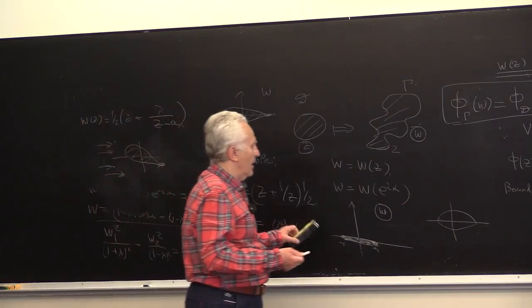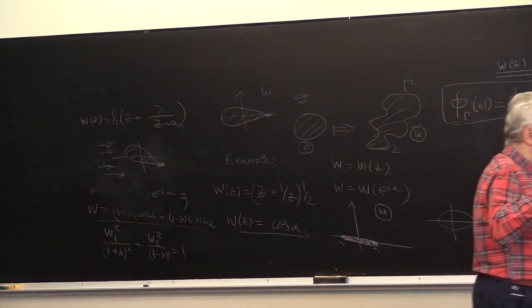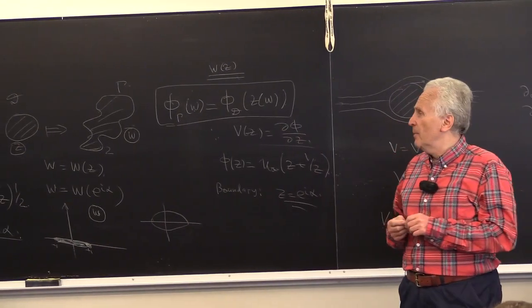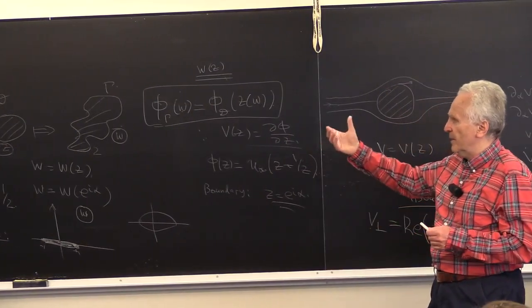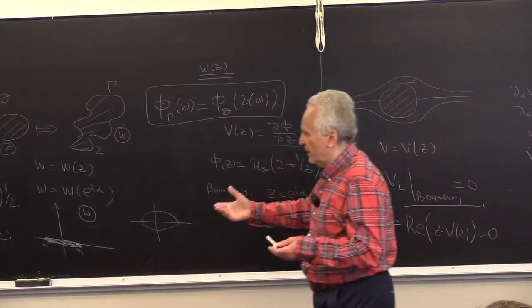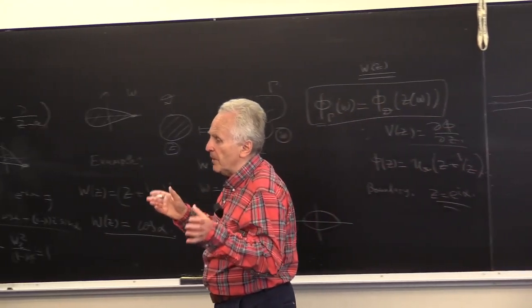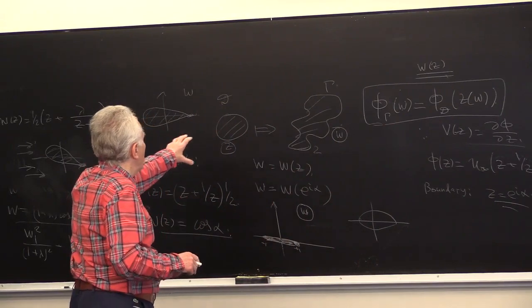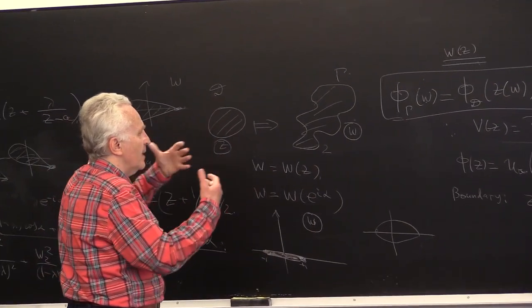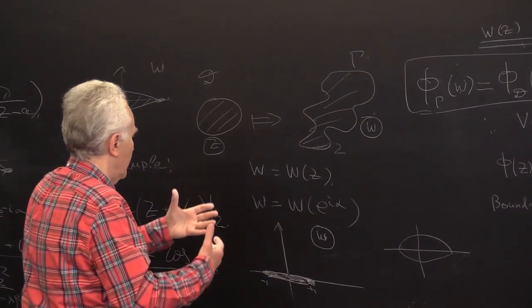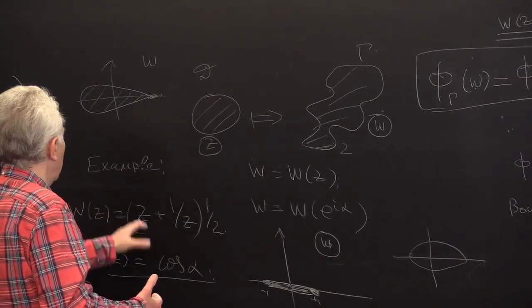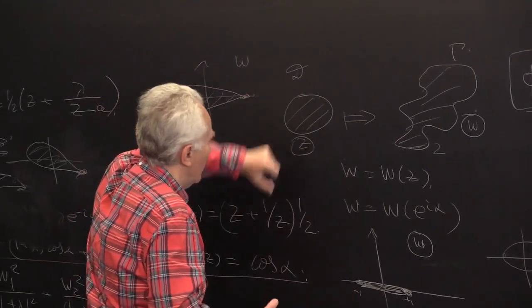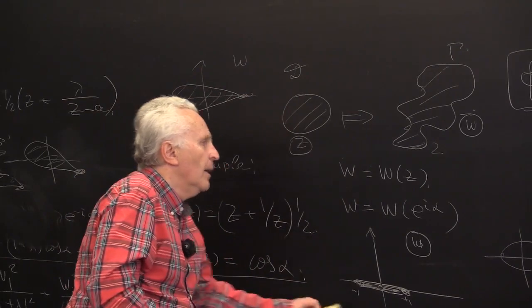I many times told you that complex phase is a rotation. It's associated with a transformation of two-dimensional rotation, and with conformal maps, this phrase becomes literal. It's literally multiplying by e to the i alpha. We rotate the picture.